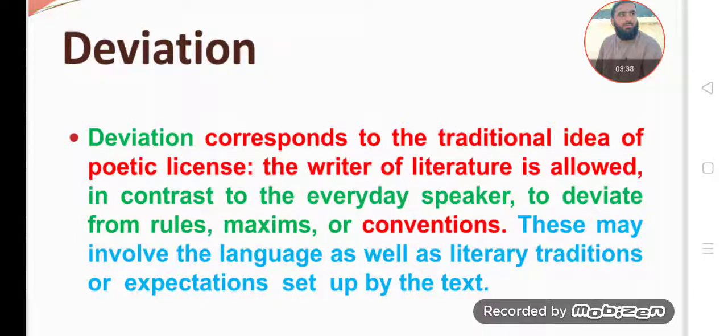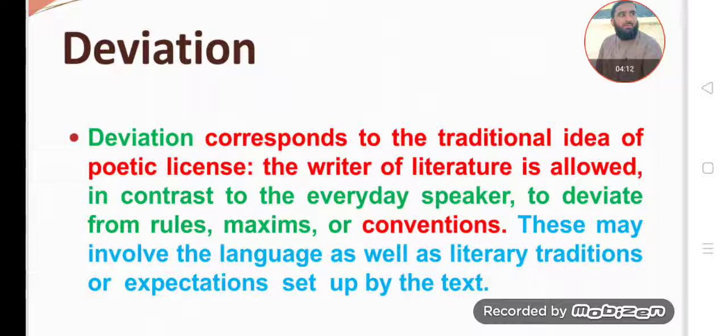Dear students, in literature, especially in poetry, writers and poets have poetic license. They can break the rules of grammar, the rules of structure, the rules of syntax, and the rules of morphemes and morphology. They are free to break these rules, to deviate, to make deviation in rules.